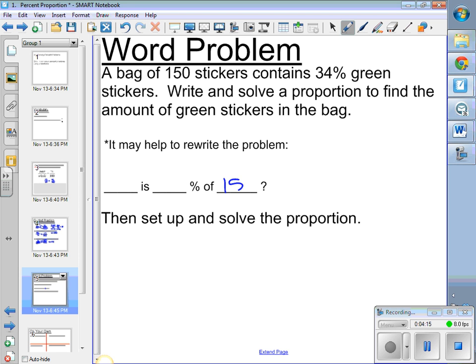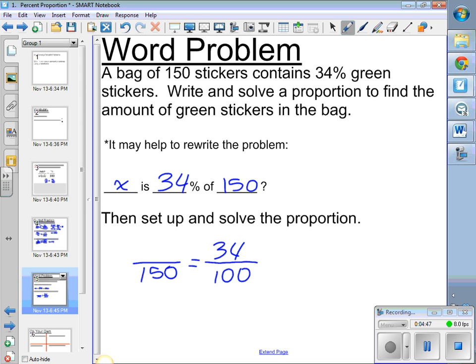So that goes here, 34%. And we're trying to figure out the number of green, right? So I think this is our unknown. So we get 100 on the bottom, 34 on the top, 150 is the total number of stickers in the bag.